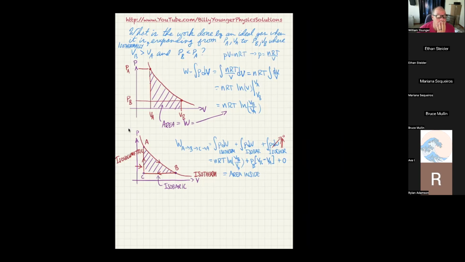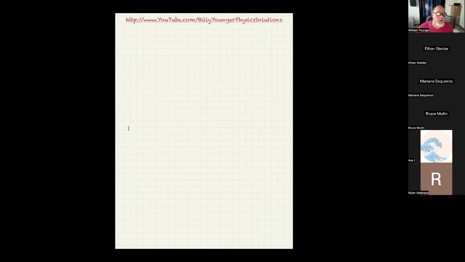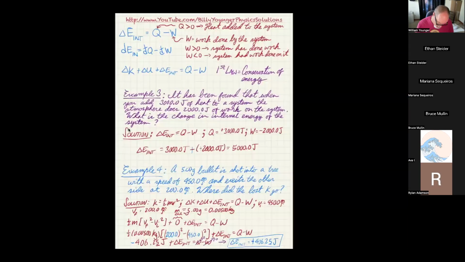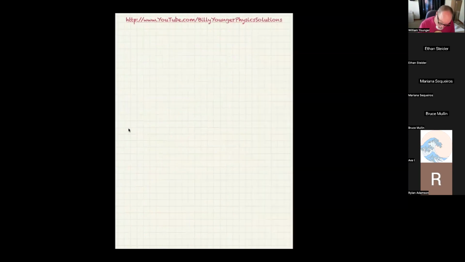Okay, I'm looking for something else here. Let's do this example. What example am I on? I didn't actually number that last example. So we had example 4 and we're now up to example 5. Example 5.